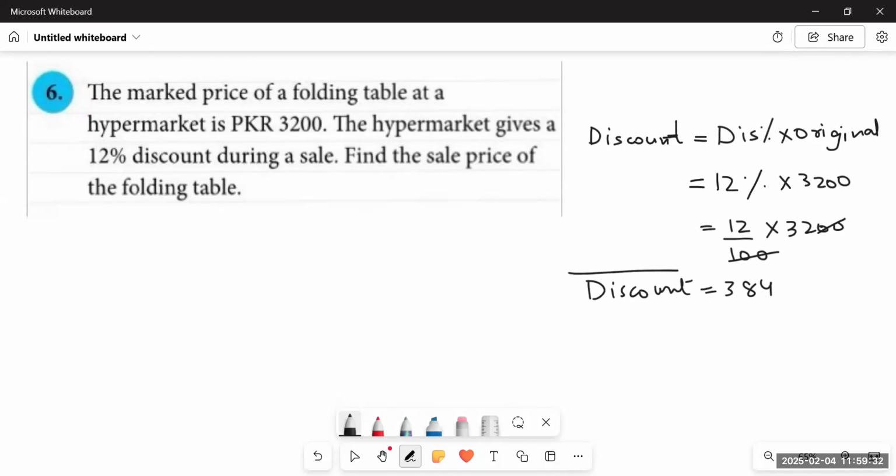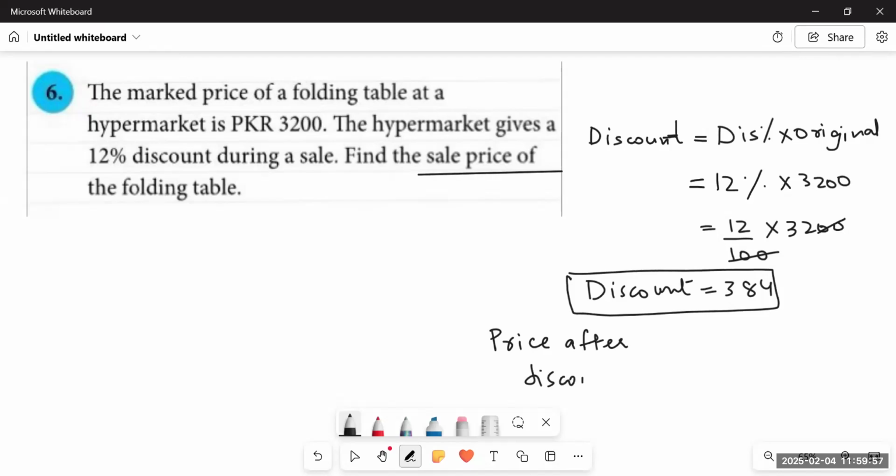Now let's see what we have to find in this question actually. They are saying find the sale price of the folding table. That is, we have to find out the price after the discount. Sale price means the actual price at which it was sold. So we have to find the price after discount. Whatever you want, you can call it sale price of the folding table, price after the discount, or whatever.